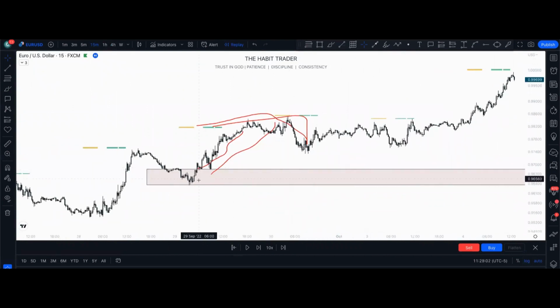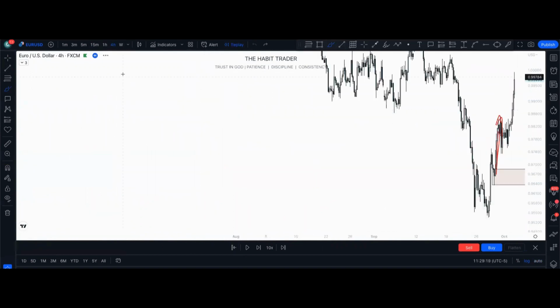As you can see here, it didn't have that confirmation yet, but it has this bullish structure on the lower time frame, right?